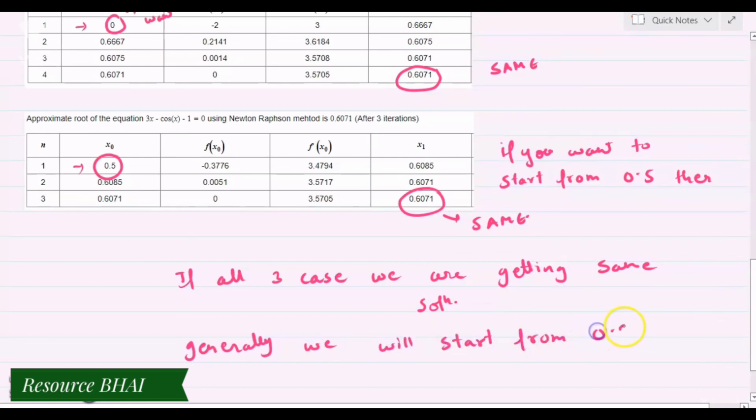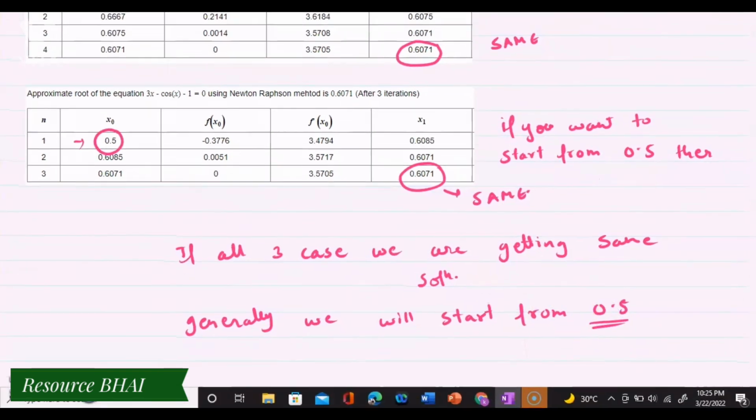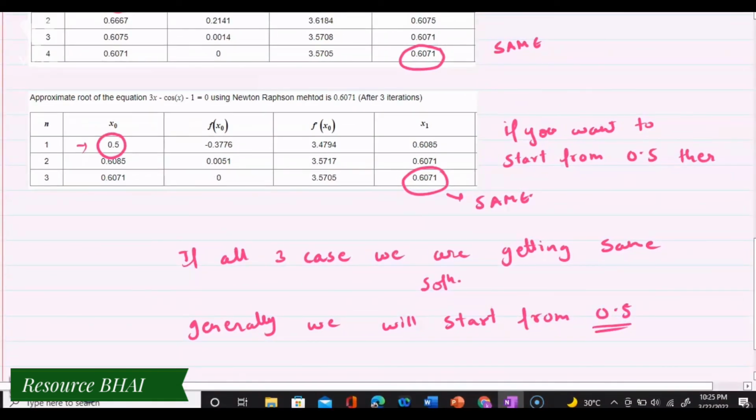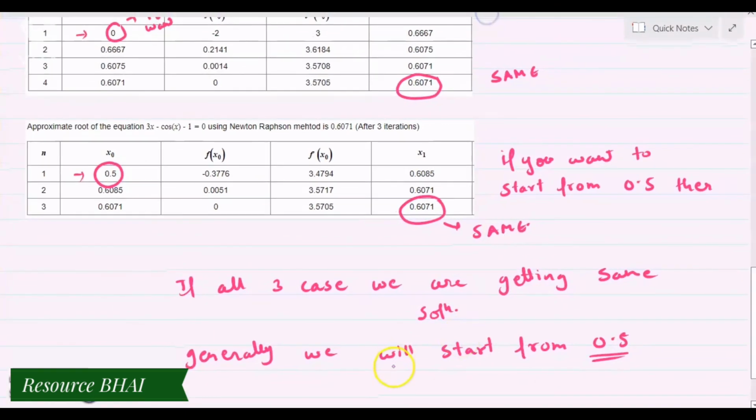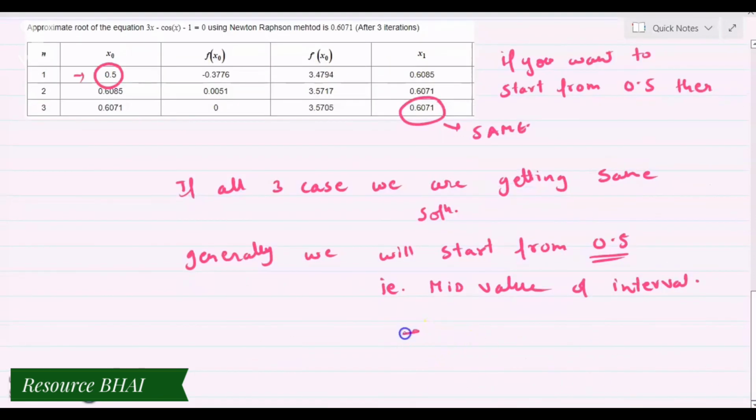Generally you need to decide, and it might be possible that the root is somewhere far from one end, so it is easy to start from the midpoint. That's why we decide to start from the mid value, 0.5. You can also see the number of iterations that we get for the 0 value.